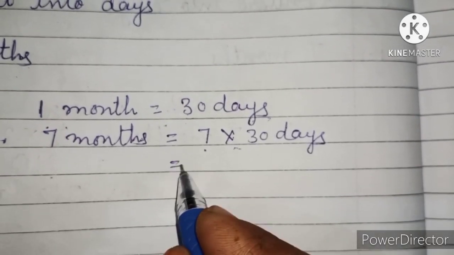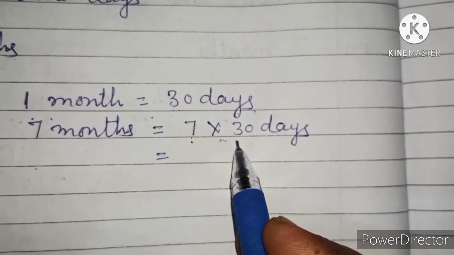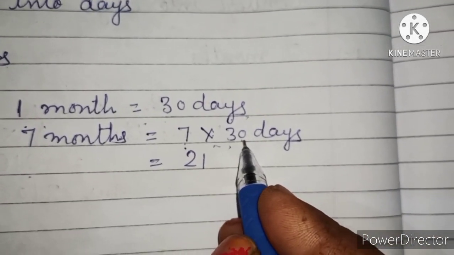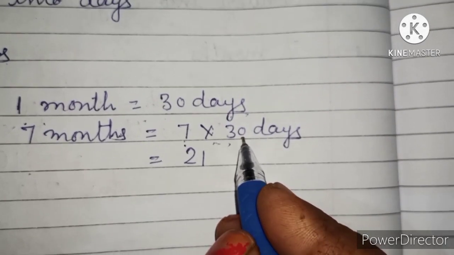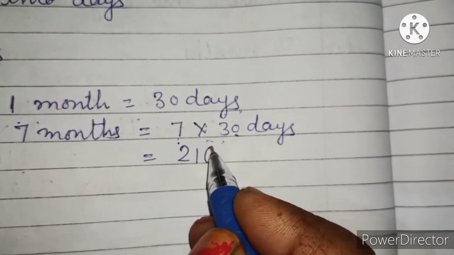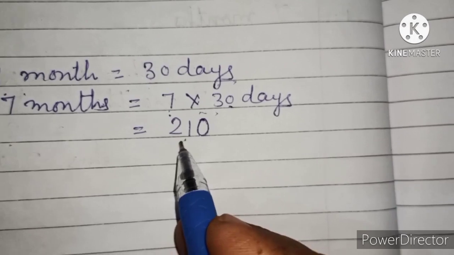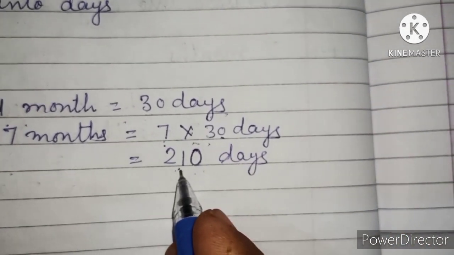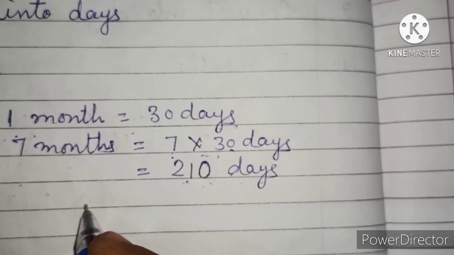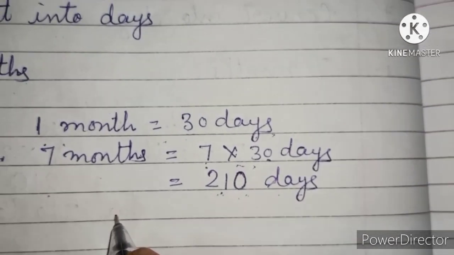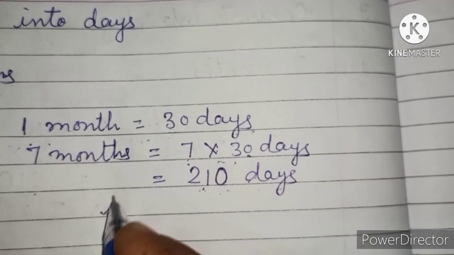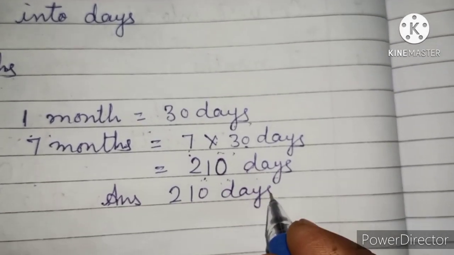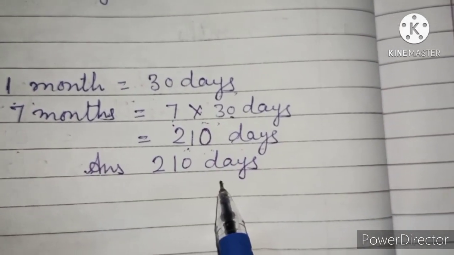Okay? So 7 3s are 21. Here 1 0, so we will put here 0. So answer will be 210 days. Now we have to write here the answer. 210 days. Clear?